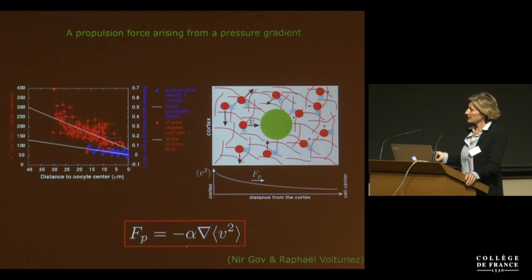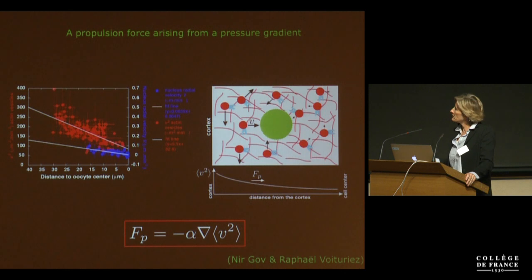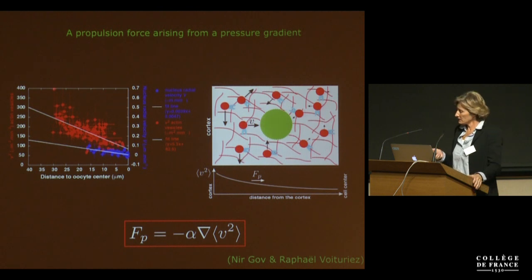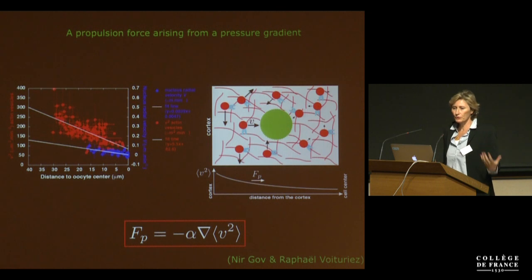And so when Maria was doing this experiment, we were already collaborating with two biophysicists, Nir Gov and Raphaël Voituriez, and by looking at our experiment, they proposed to make an analogy between these actin-positive vesicles and particles in a fluid that are subjected to thermal agitation.